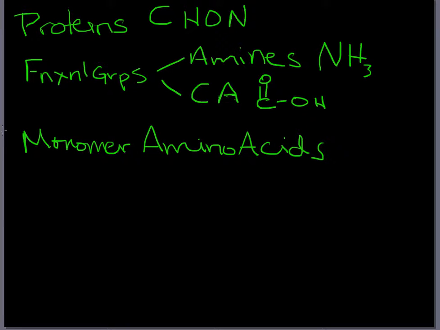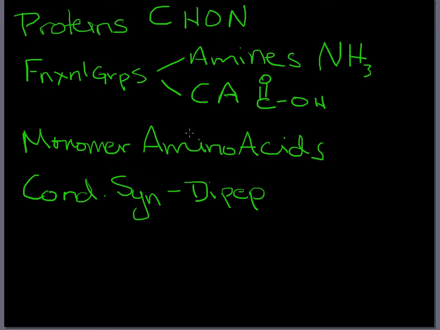And when we put them together through a condensation reaction, or dehydration synthesis, or condensation synthesis, any of those terms, they all mean the same, we get what's called a dipeptide. I'll show you the synthesis of a dipeptide in a second, in a picture.